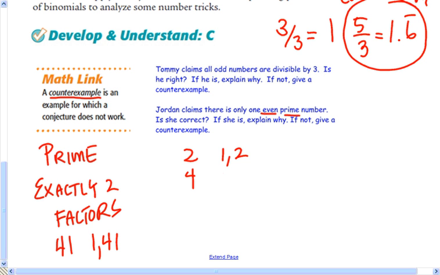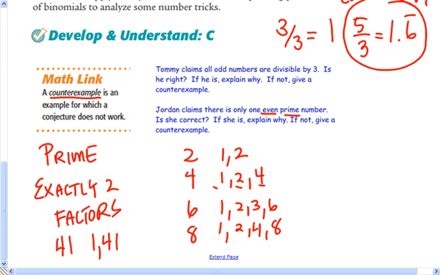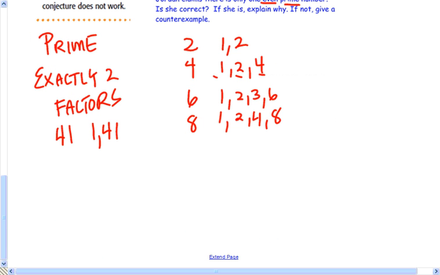So the number 4, 1 goes into 4, 2 goes into 4, and 4 goes into 4. So that's not a prime number because there's 3 factors. The number 6 has 1, 2, 3, and 6. That has 4. The number 8 has 1, 2, 4, and 8. That has 4 factors, so that's not prime.